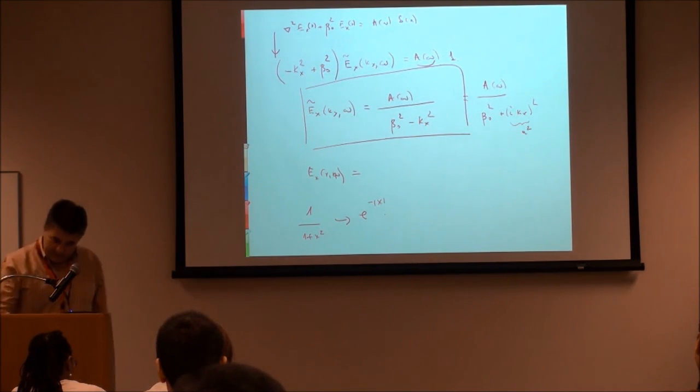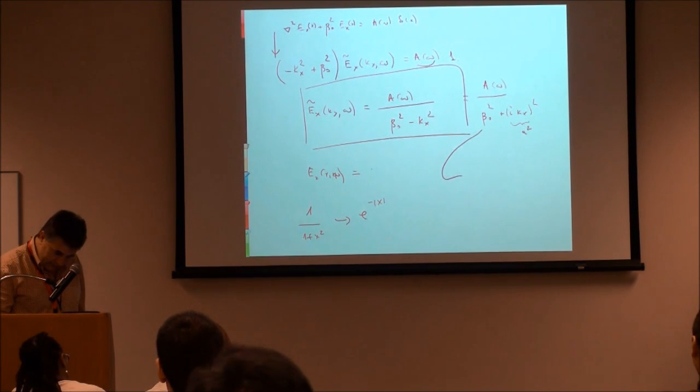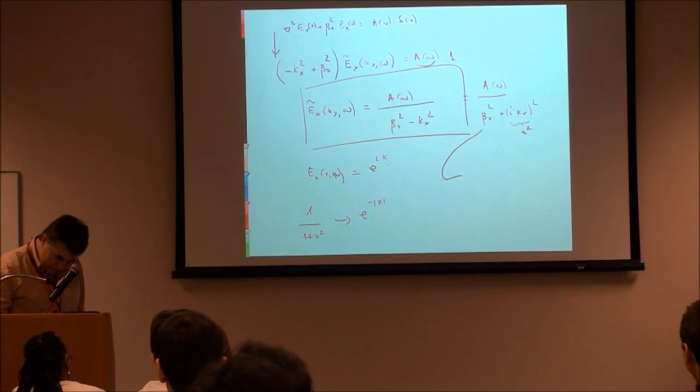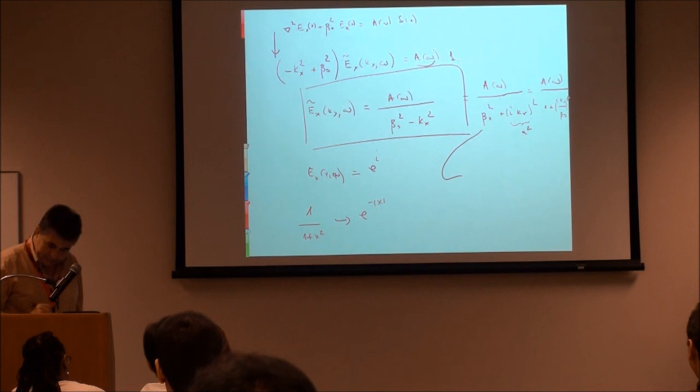Okay? Going back means the Fourier transform of this should be something like e to the i k, we need to massage this a little bit, see? A of omega over 1 plus i k_x over beta naught, everything squared.